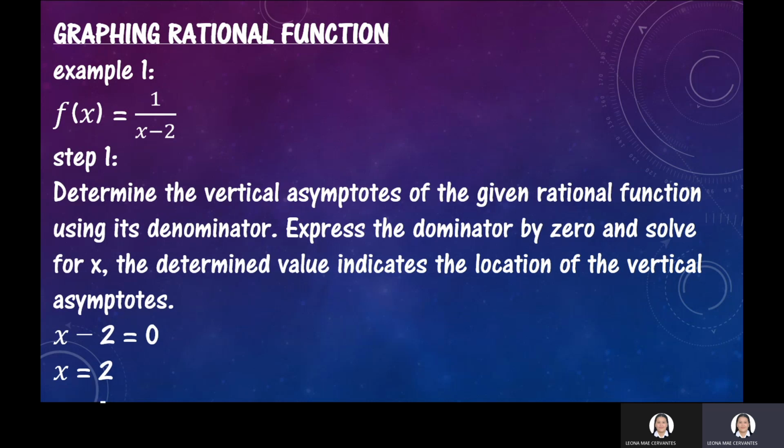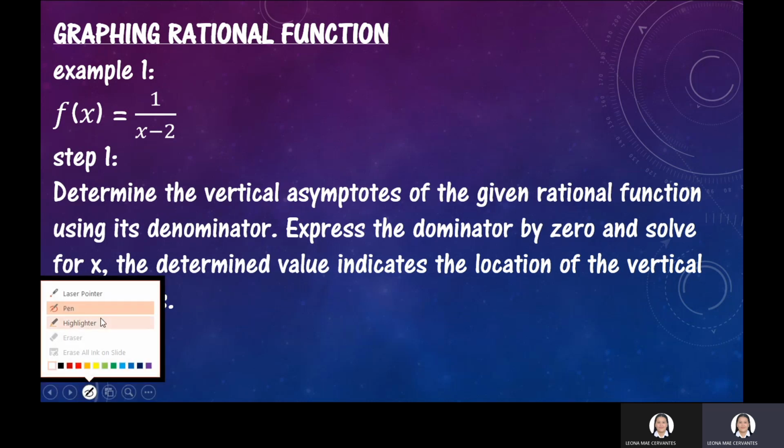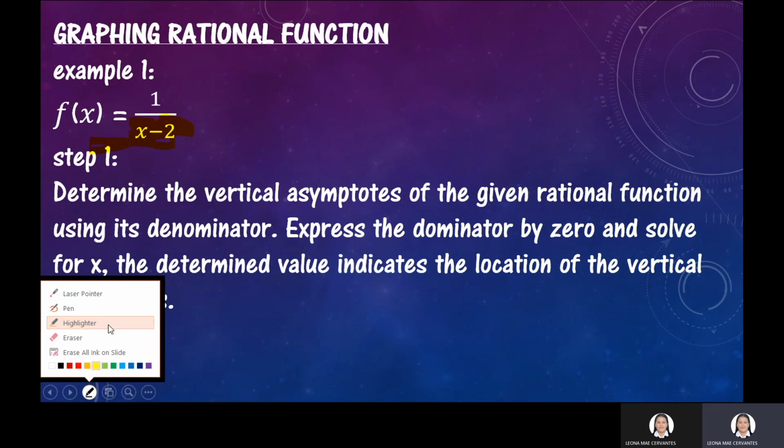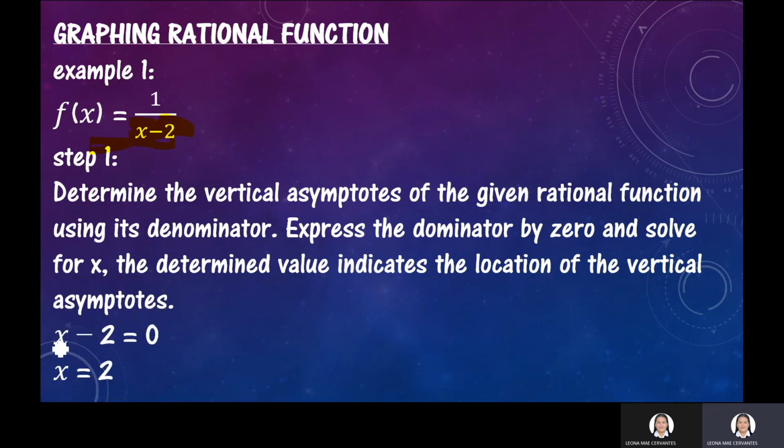So again, step 1, denominator. The denominator is x minus 2. Then equate to 0. So we have x minus 2 equals 0.